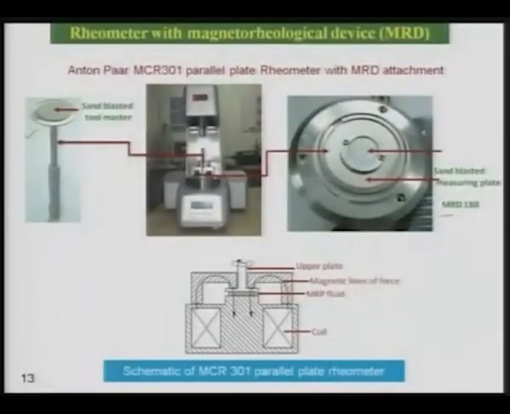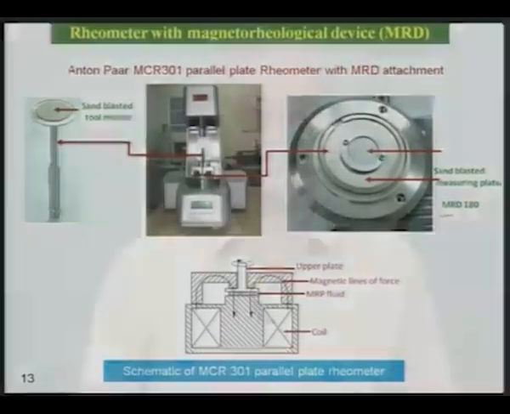So, at different magnetic field strengths, the fluid characteristics are evaluated. The coils create a certain magnetic field, and here is the MR polishing fluid. When this plate rotates, shearing action takes place, and with the help of the data provided by this rheometer, the yield stress and the viscosity of a particular composition of the MR polishing fluid are evaluated.